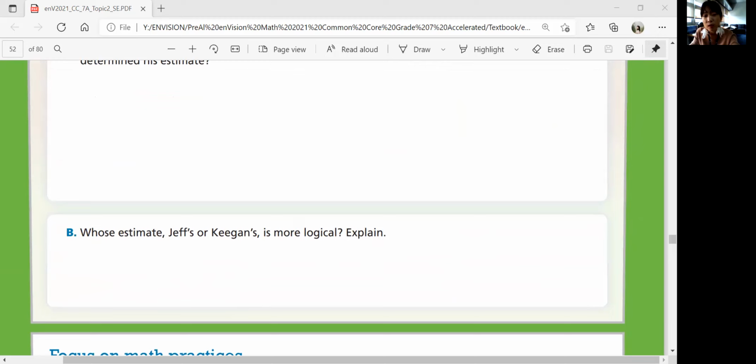Who do you think? Yes, Keegan sounds more logical because he rounded the grains of sand to the greatest place value and then counted the zeros to determine the power of 10. This is the same process that we'll use to estimate quantities in Example 1.